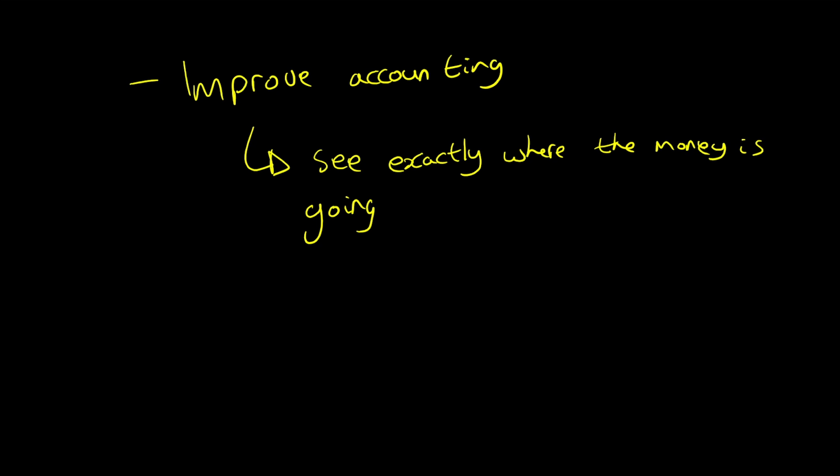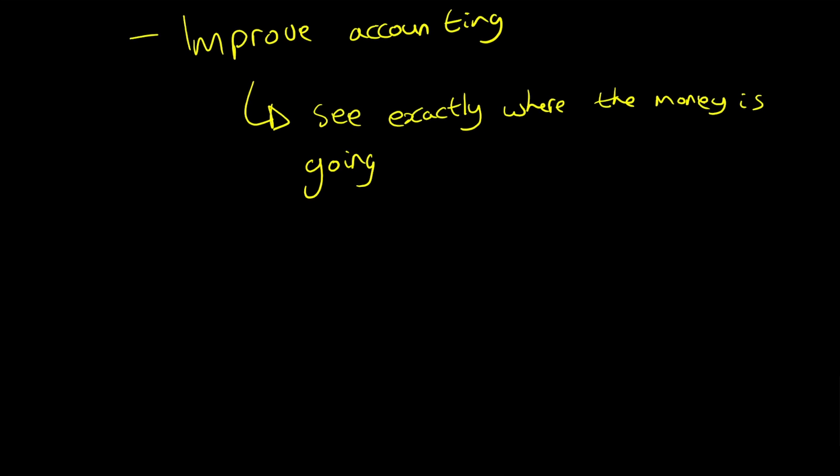So you'll be able to see where it's going, also from a higher level as well. So not just a micro level, a macro level, where like let's say the CFO or other members in the financial department, how they are spending money, where they're spending money, are they doing it effectively, are they doing it on time? So this will help keep an audit trail of the accounting, so where the money is going and who is spending it.